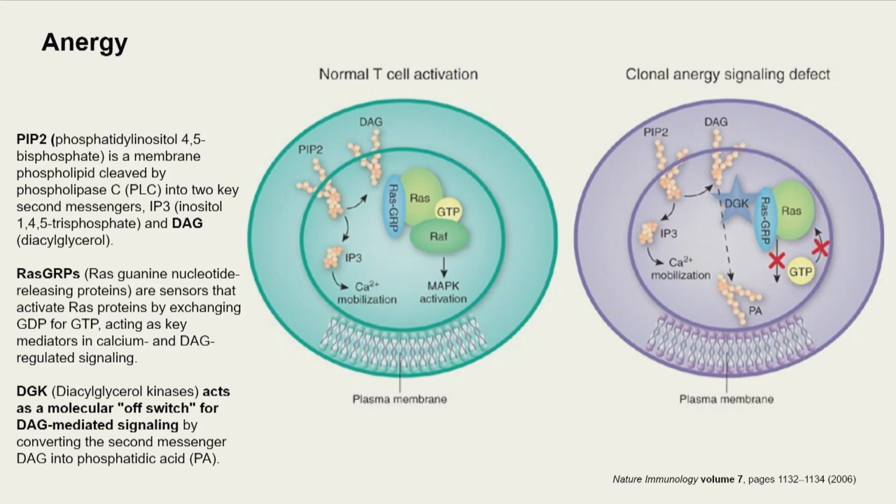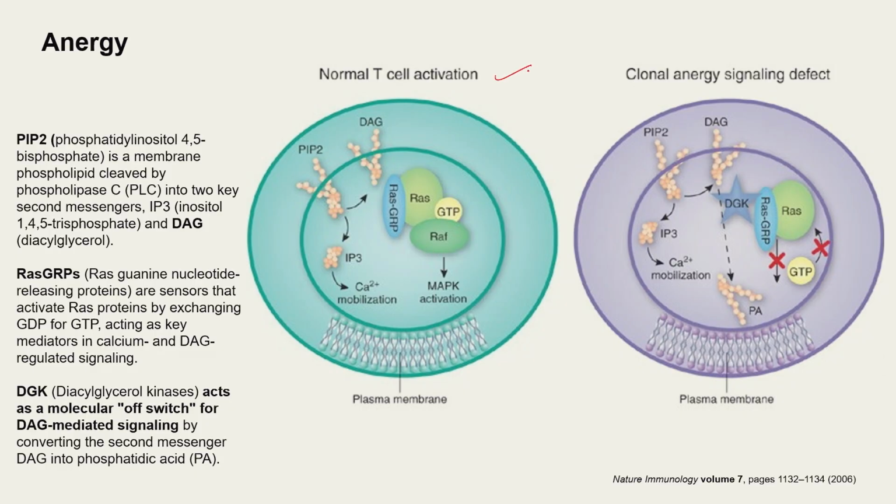So the cell won't be functional, and the condition is called anergy. We'll try to understand what we mean by anergy. Anergy is actually a complex process where the whole cell becomes non-functional in terms of the energy-driven pathway. So let's try to understand this in the context of a normal cell.